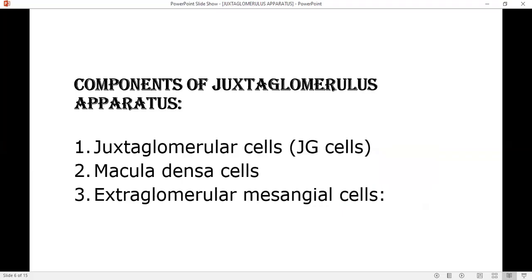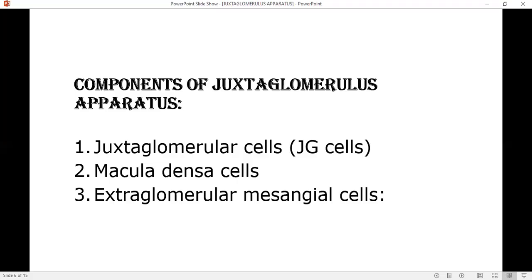Now, the most important part to know is that most questions just tell you to describe the components or describe the juxtaglomerular apparatus. So you need to know these three major components and what they do. Once you know what they do, you know the mechanism they use. Then you have no issues whenever such a question comes.